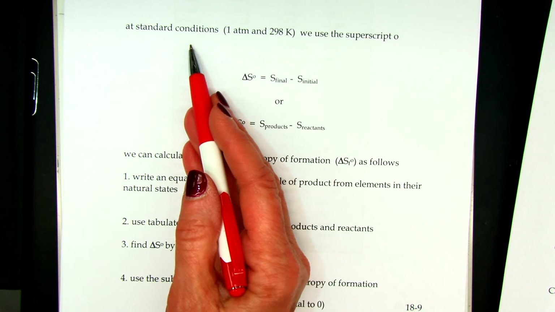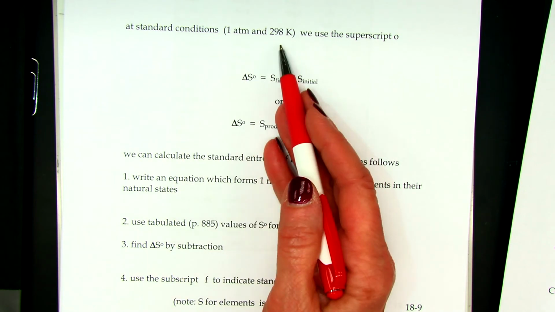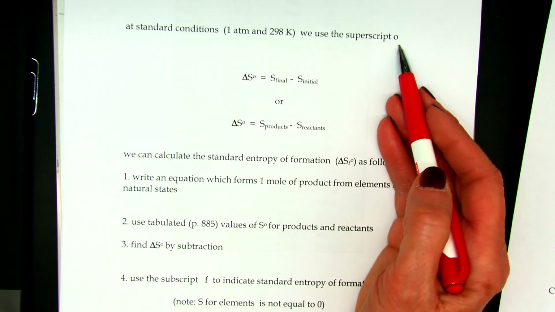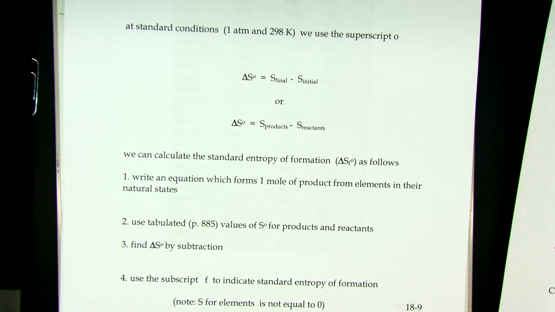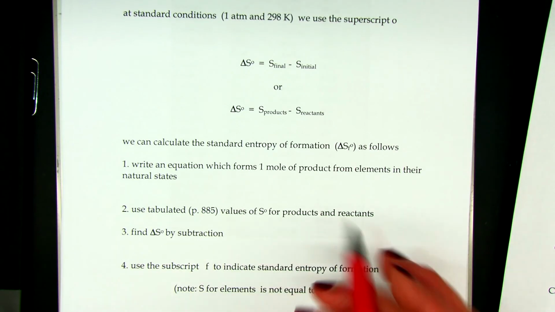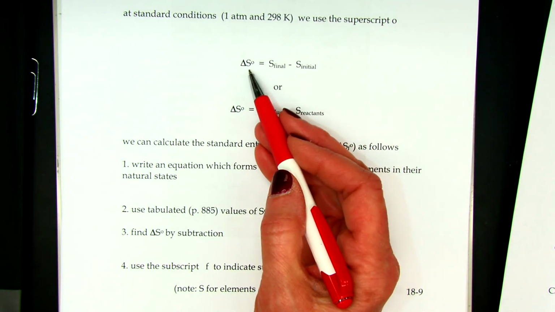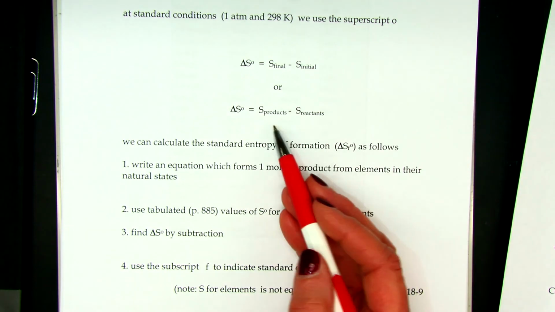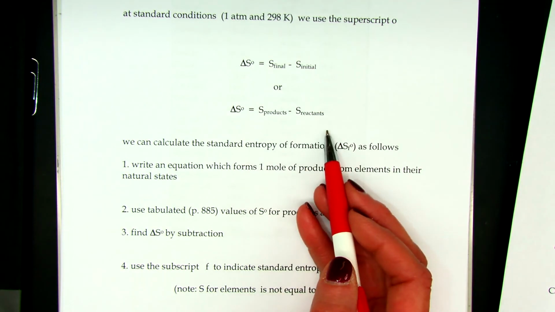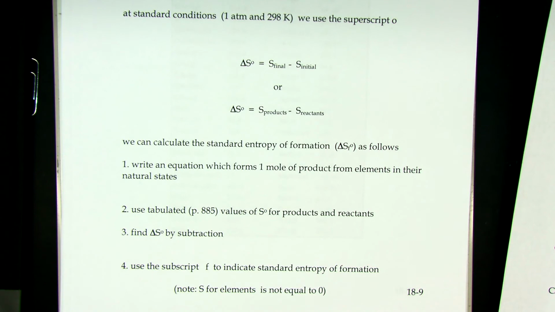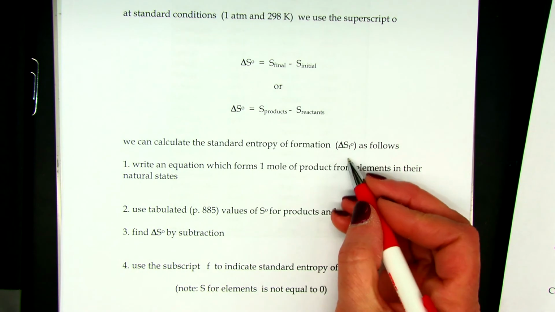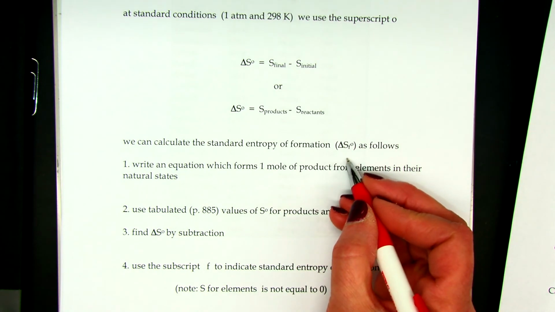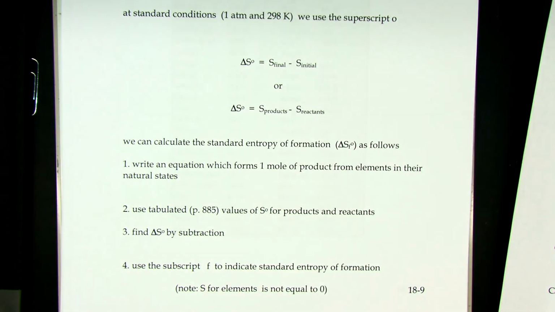Now, you remember this superscript 0 that we talked about. Our standard thermodynamic conditions, 1 atmosphere, 298 Kelvin. We use the superscript so we can talk about the entropy of these systems. The standard entropy change is equal to the final entropy minus the initial, or for us in chemistry, products minus reactants. So we can calculate information about the standard entropy of formation. Now think back to Chem 111 when we were talking about energy and Hess's law.